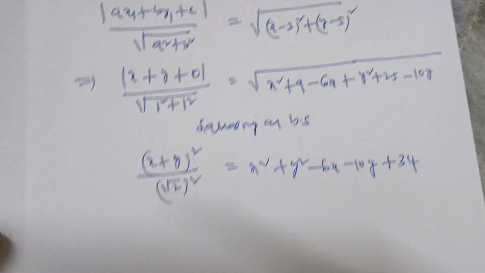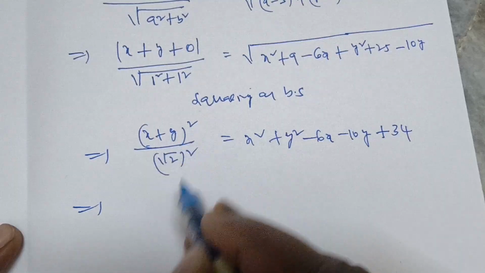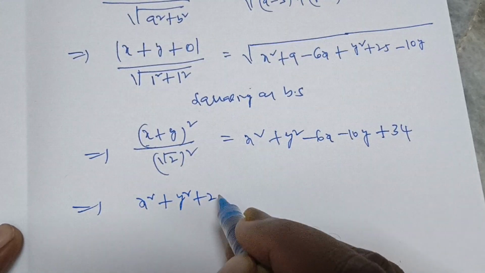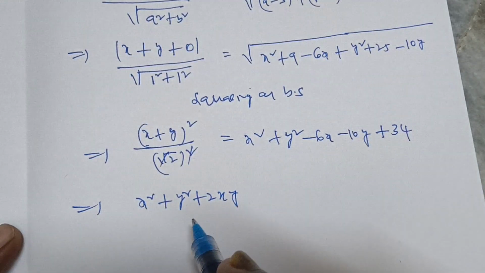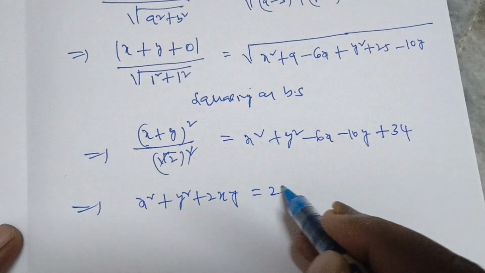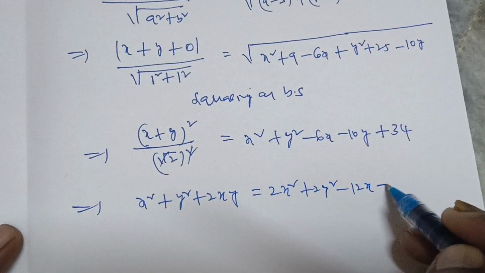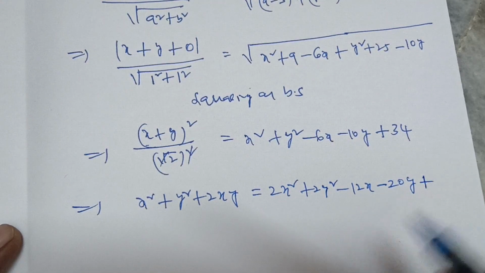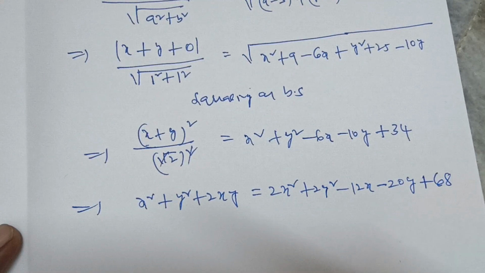By simplifying this, (a + b) whole square is a square plus b square plus 2ab. The square root cancels. So taking 2 to this side, 2x square plus 2y square minus 12x minus 20y plus 68.